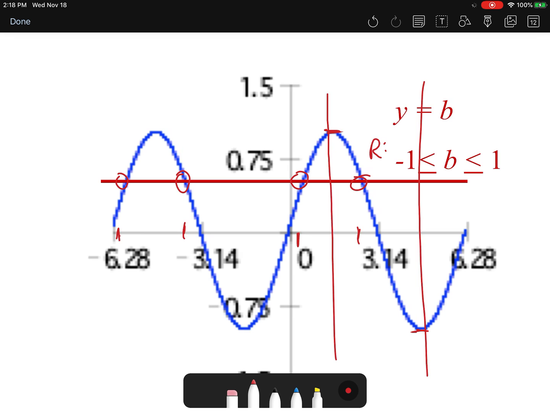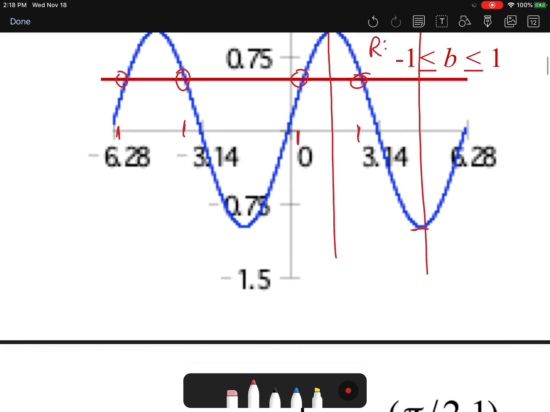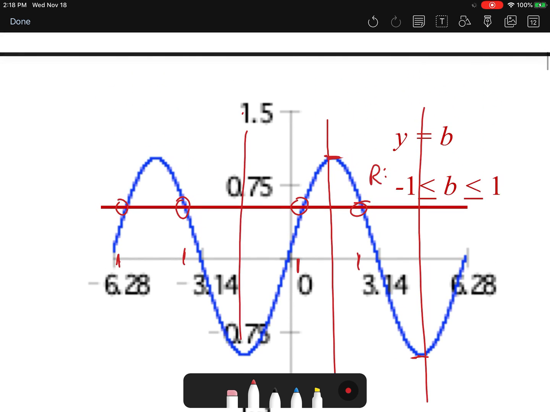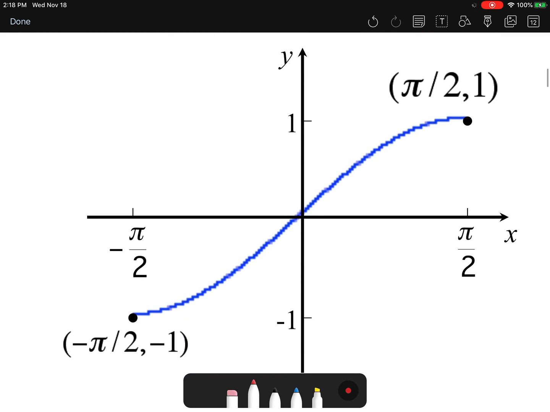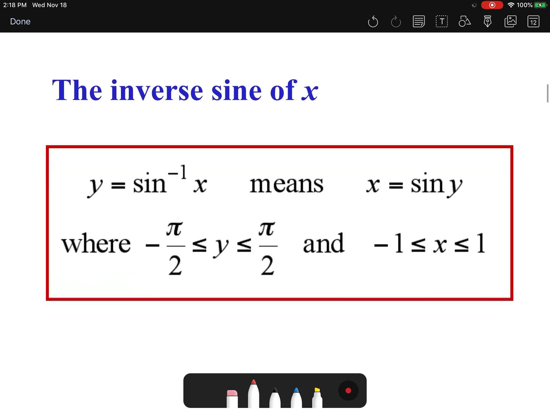So what we do for sine and inverse sine is this. We actually are going to look at it here. So we are going to look at only from negative pi over 2 to positive pi over 2 on the graph. That is all we're going to look at for an inverse, okay? So here's the portion of the sine curve from negative pi over 2 to pi over 2.